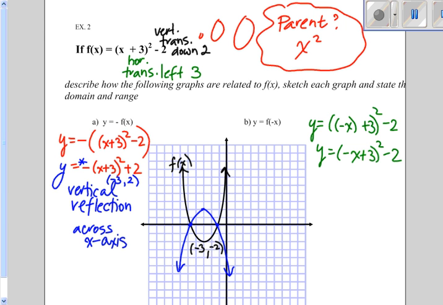We do know when you have replaced negative x inside the function or within the brackets, we have a horizontal change. Since my horizontal change is a negative sign, it's a reflection. And a horizontal change means that things that were left are now right and right are now left. That means it is across the y-axis.